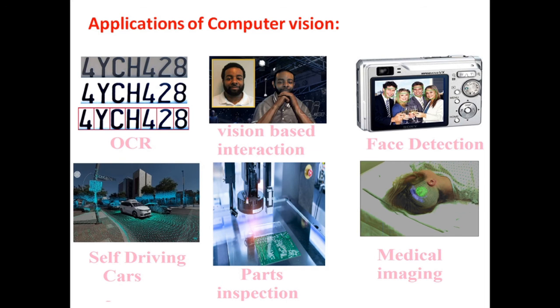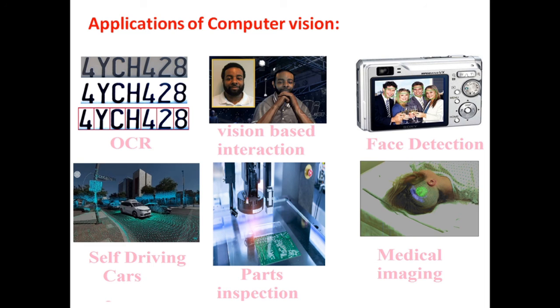Now, in summarizing computer vision, I would like to summarize the main applications, or the advantages of learning computer vision. The computer vision system has a plenty of applications in various fields.